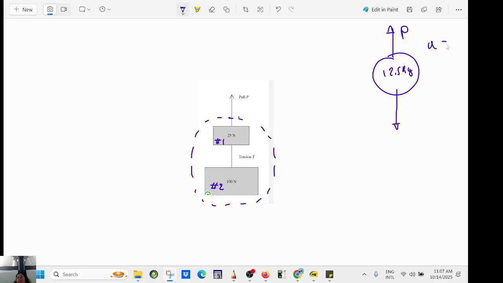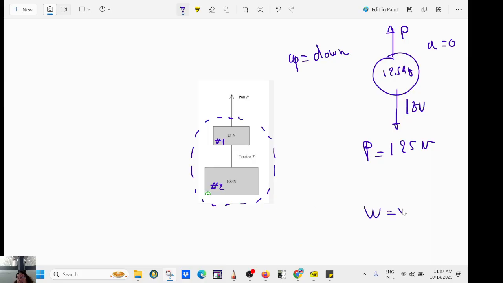Let's say there is no acceleration. So either it is at rest or moving at a constant velocity, which means up equals down. This is up and this is down. That will be 125 Newton. So it just means that the pull here equals 125 Newton. Agree? Yes.